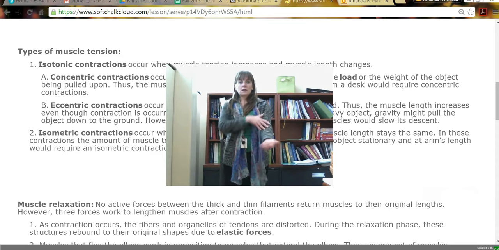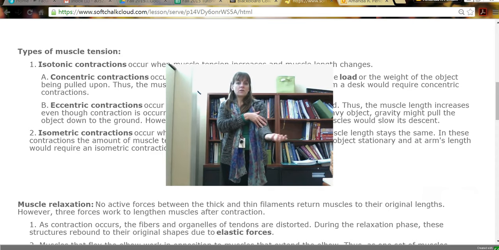In one, the length is actually decreasing. That's called a concentric contraction. An eccentric contraction is one where, even though you're putting tension there, that muscle length is actually increasing.